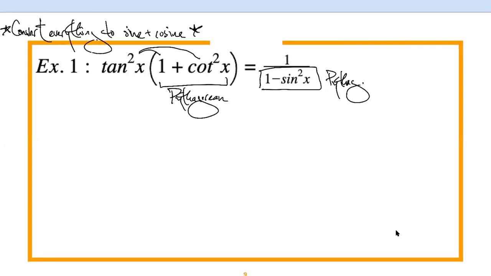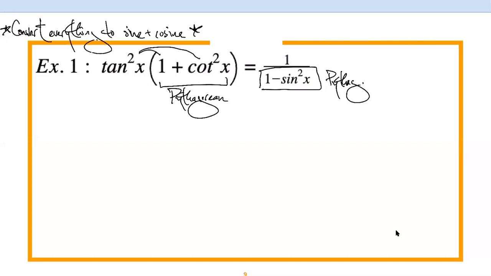And we need to make that side that we pick equal to the other side. So there's no bringing some terms over to this side and then bringing them over to the other side. There's no cross-contamination like that. If we pick the left side, we're going to work only with the left side and we're going to turn it into 1 over 1 minus sine squared x.